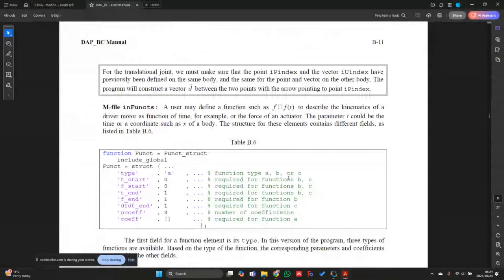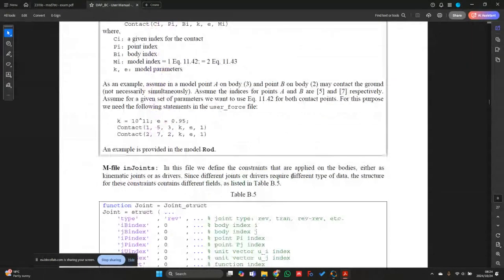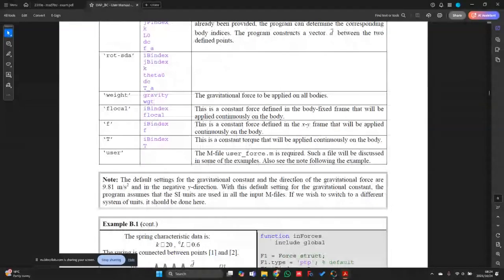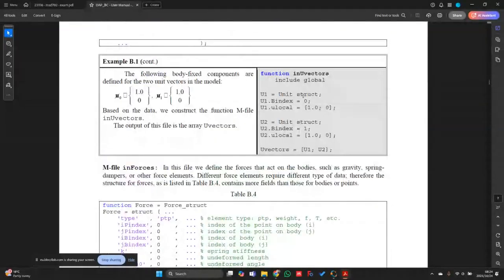Now if I just check, in U vectors should be, I think before this. Right, so for the in U vectors file, when I specify a unit vector, I need to specify the body index on which I'm specifying that unit vector, and then also its local axis, or a local unit vector on the system in accordance with its local coordinate axis.